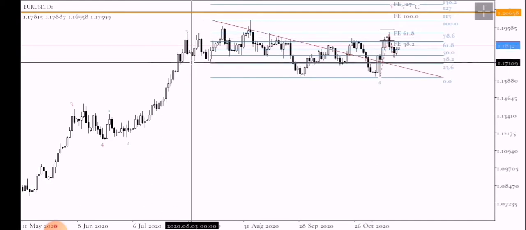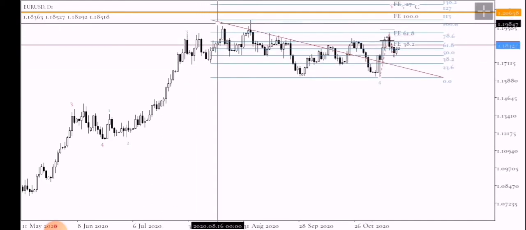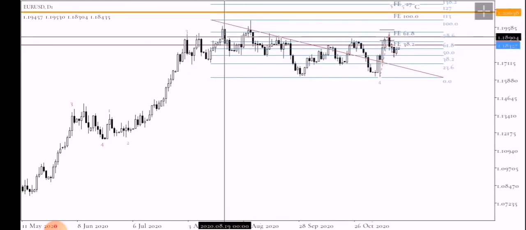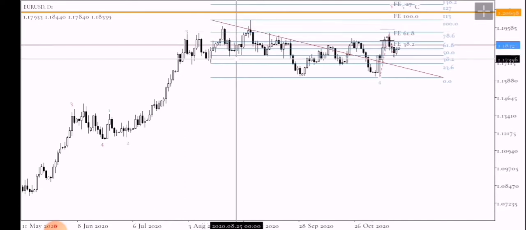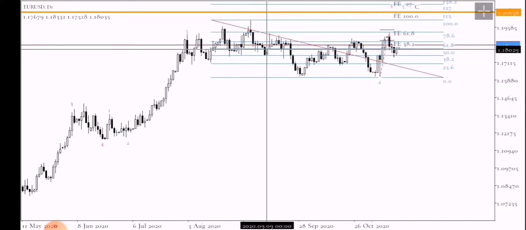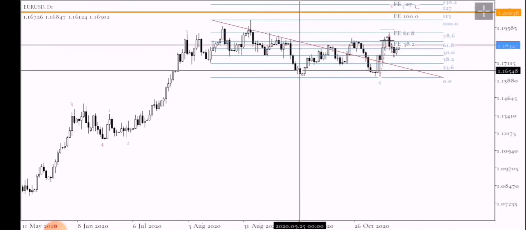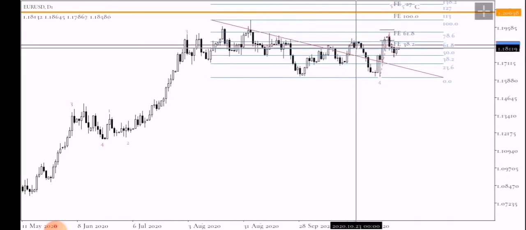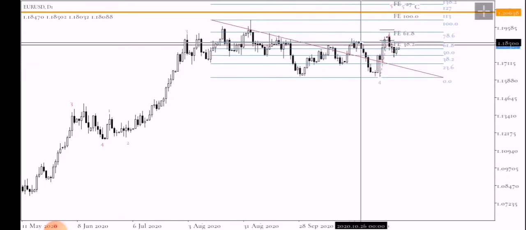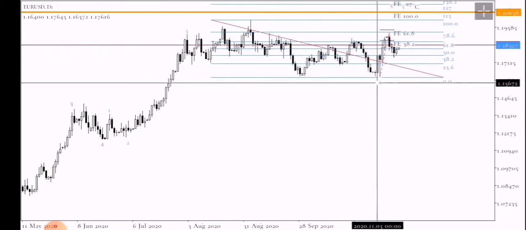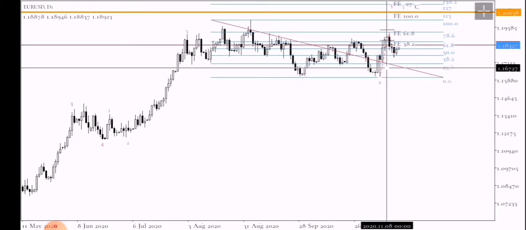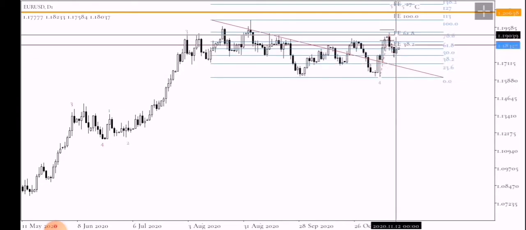That means A, B, C, then an X move, then A, B, C, and then an X move, and then again A, B, C. This move was 5 moves down, and that's where wave 4 was created. And now we are in the process of a 5th wave.